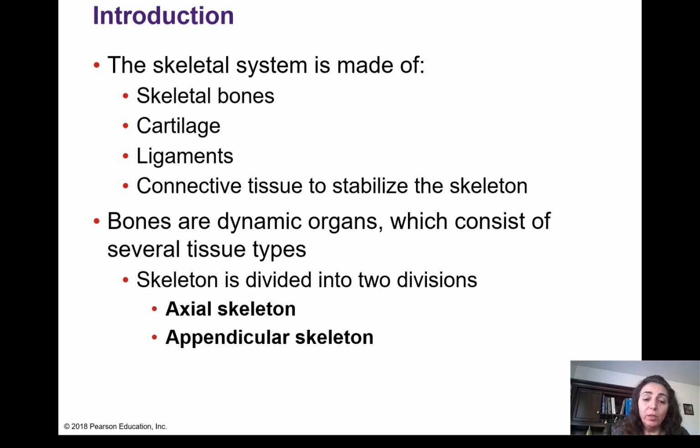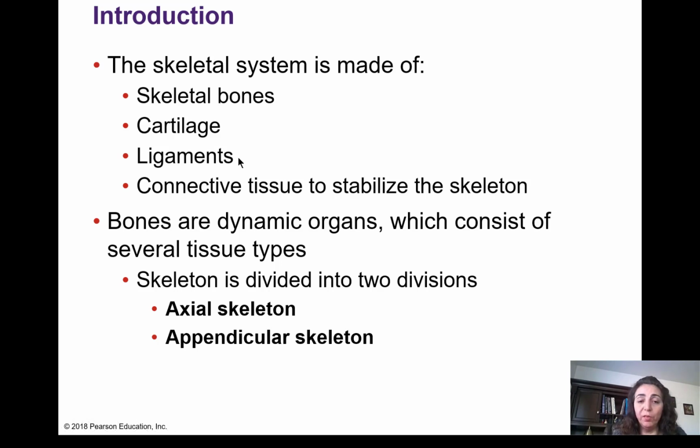And then all bones together make up the organs of the skeletal system along with the other organs that we just mentioned here, like the cartilage and ligaments. All these organs together make a system, a skeletal system.